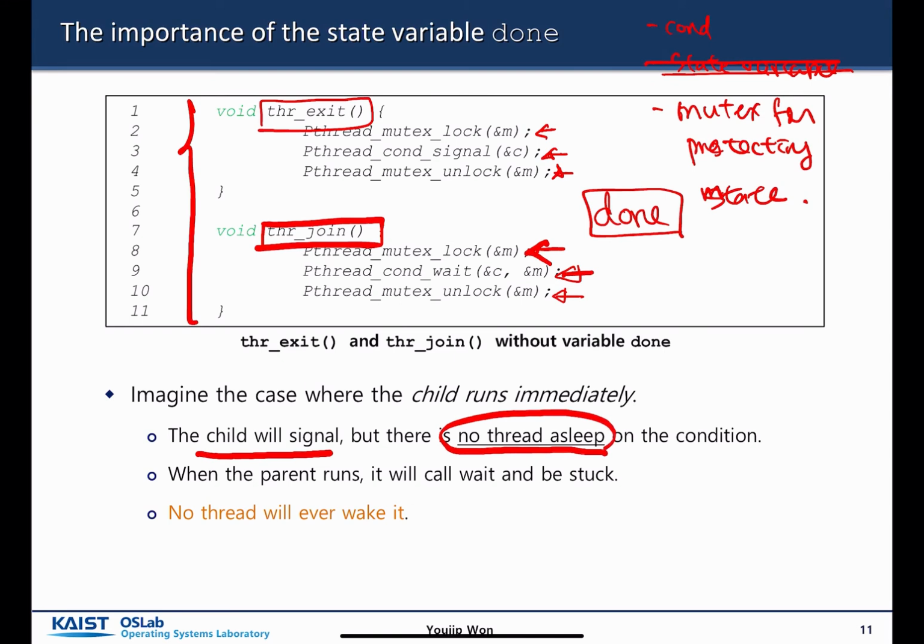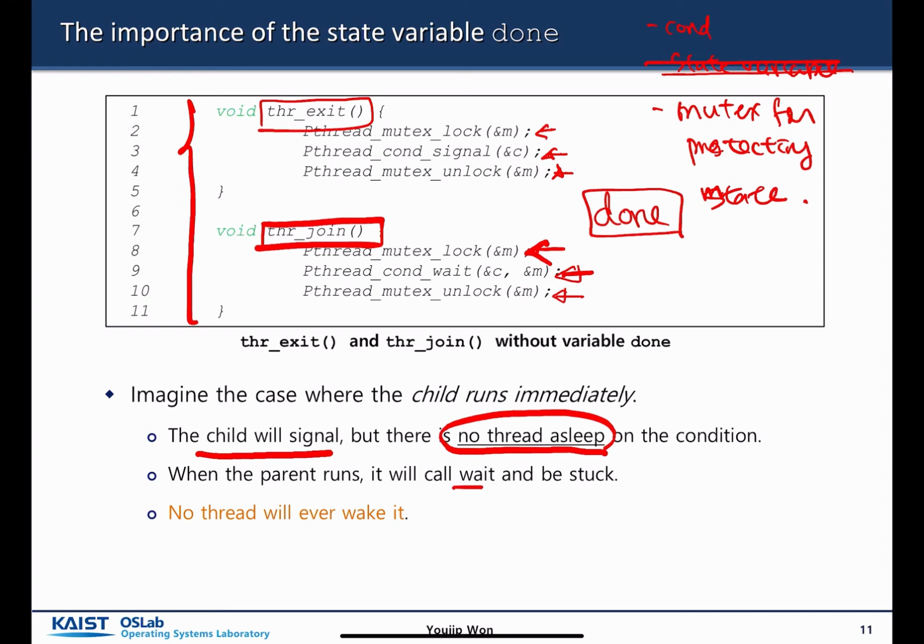Okay. Then when the parent runs, it will call wait and will get stuck. And there's no thread to wake up the parent thread. So without a state variable, there's no way for the application to denote whether a child process has finished or not.